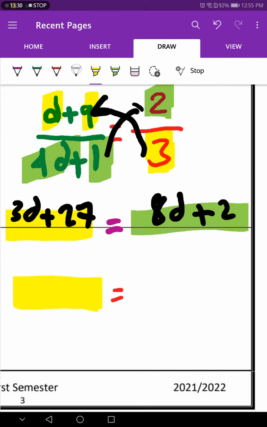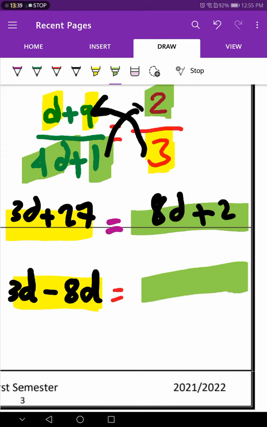So the 3D stays here and becomes negative 8D. And regarding the right side, I have 2 here and receive the negative 27 from the left side.